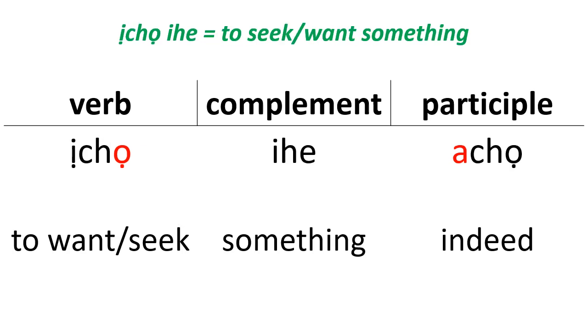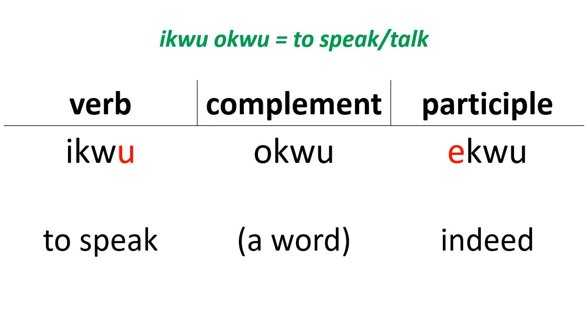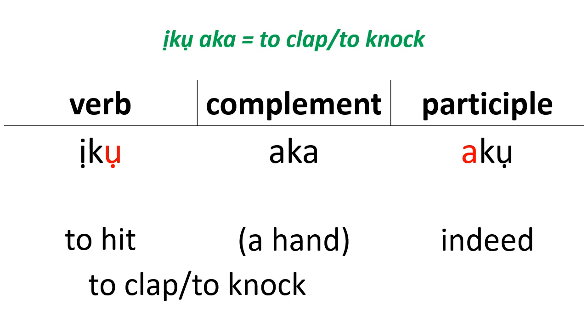Ịchọ, ịchọ ihe, to want something or to seek something. Ịchọ ihe achọ. Ikwu, ikwu okwu, to speak or to talk. Ikwu okwu ekwu. Ịkụ, ịkụ aka, to clap or to knock. Ịkụ aka akụ.